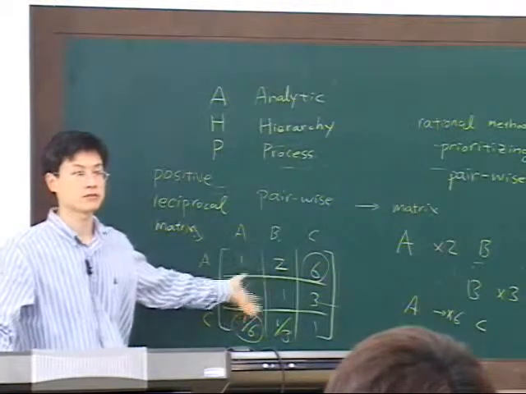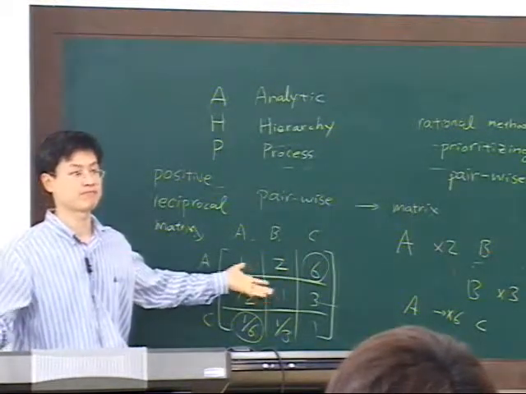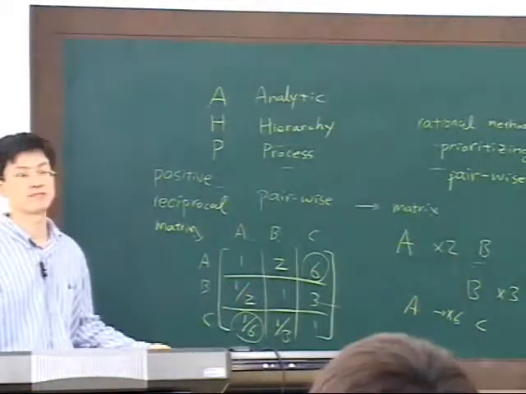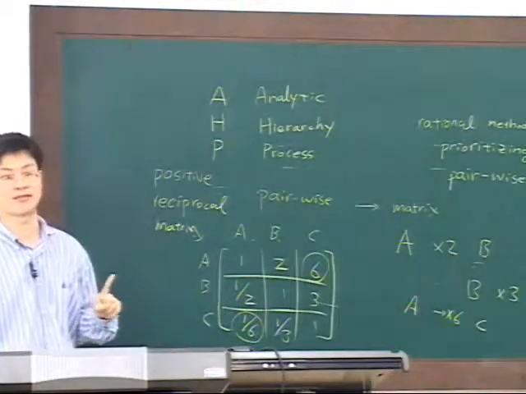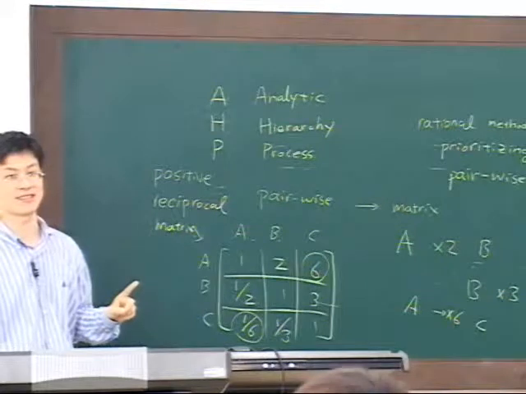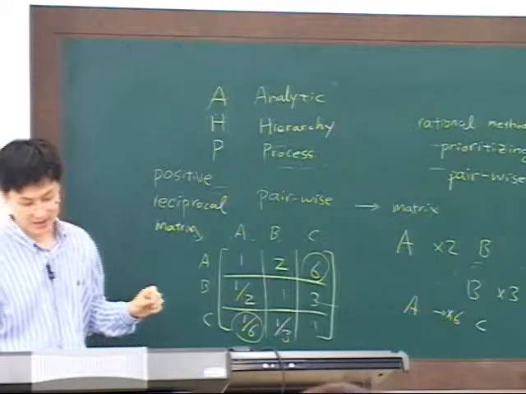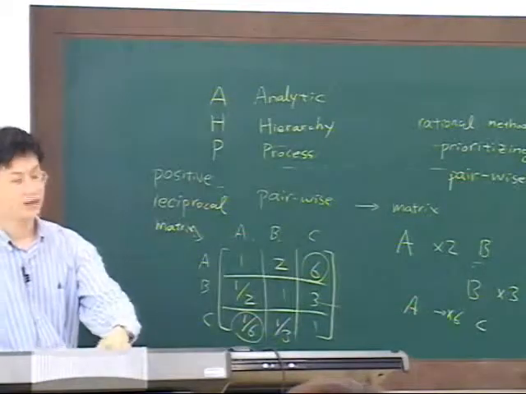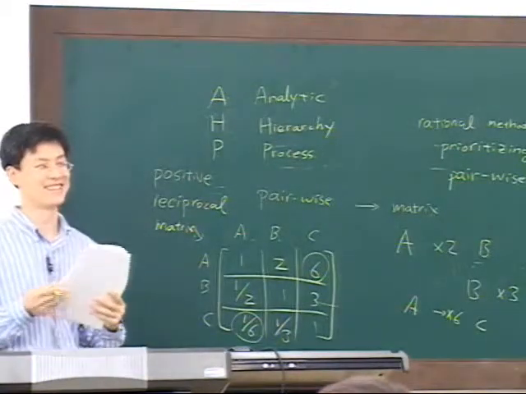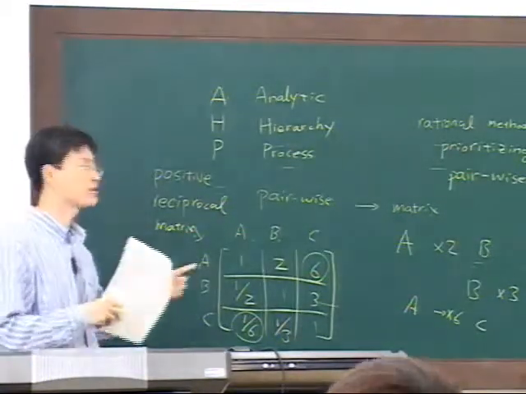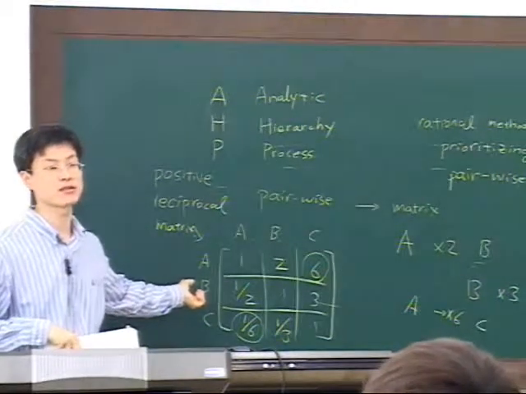This is 3 by 3. Why? How many eigenvalues can you calculate from a 3 by 3 matrix?